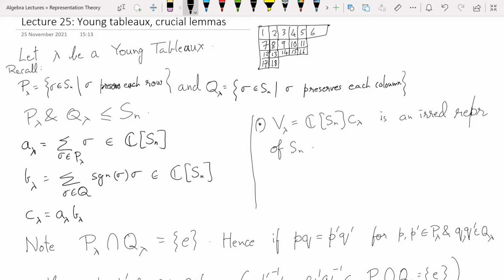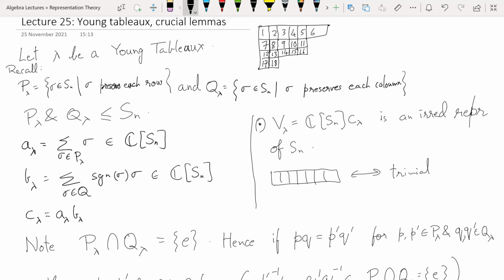And then we also saw some examples last time. So we saw that if we take the Young diagram to be basically an n cycle, so there's only one block in the partition, then this corresponds to the trivial representation. So C lambda happens to be the sum of all elements of Sn.